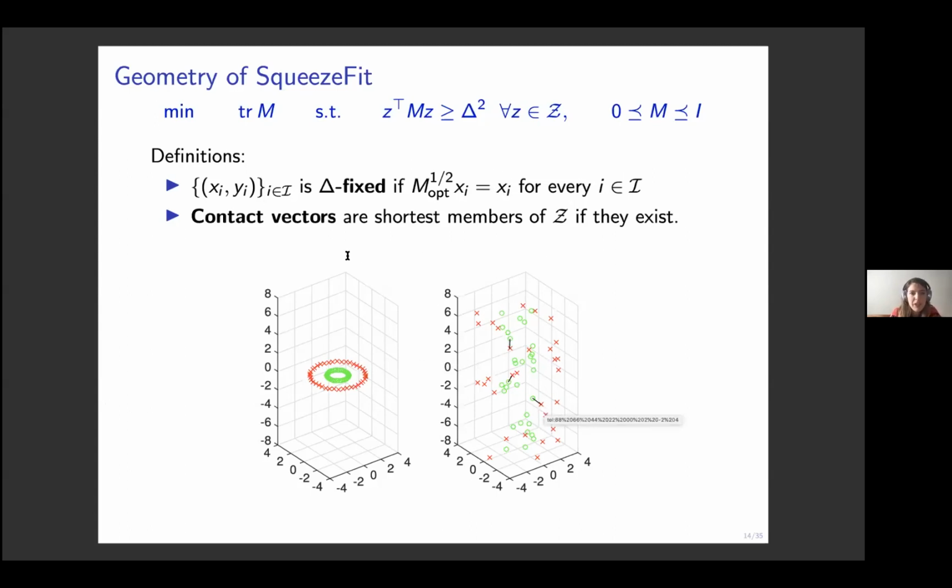And we're going to call contact vectors the shortest members of the difference set if they exist. So here, say we have these two data sets, and the shortest differences between x's and zeros are these ones, say. And those are my shortest members, say that they all have the same length.